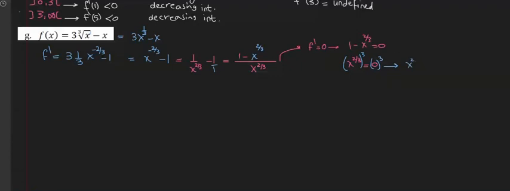This is equal to 1, right? We moved this x, right? And we have 1 inside here, not 0. Okay, so x squared is equal to 1, and if x squared is equal to 1, this means that x is positive or negative 1.